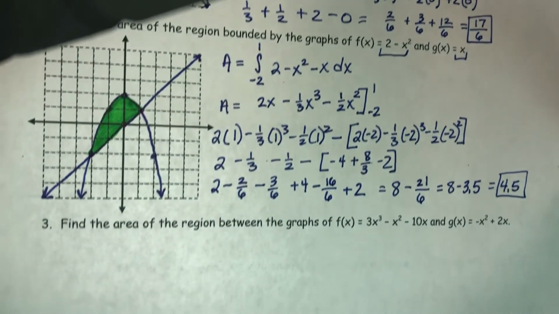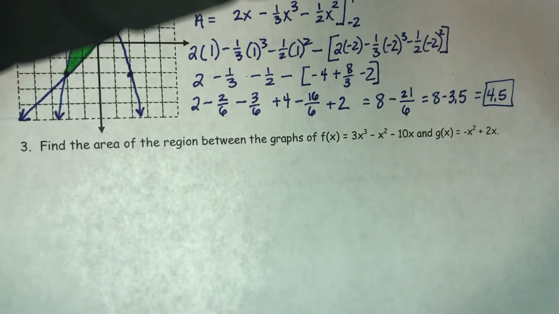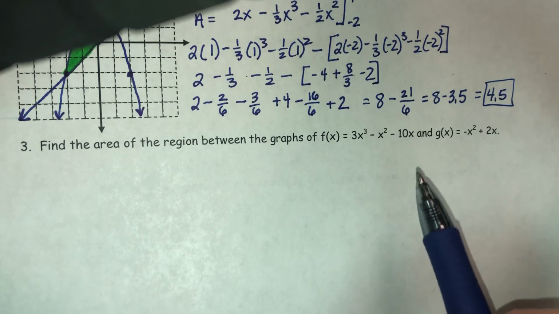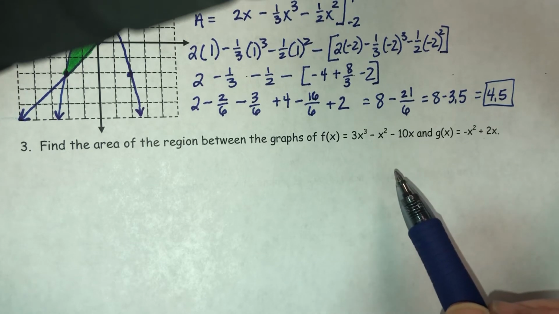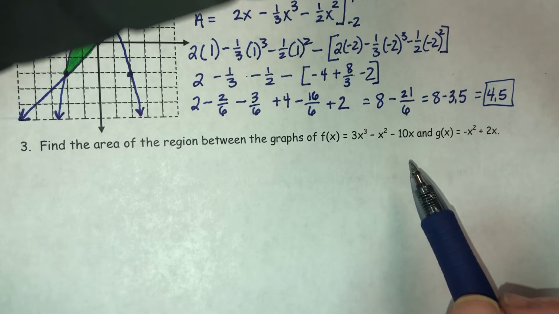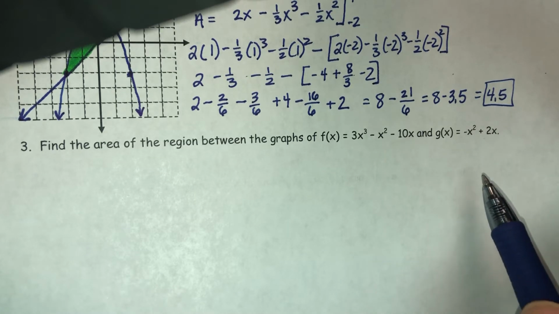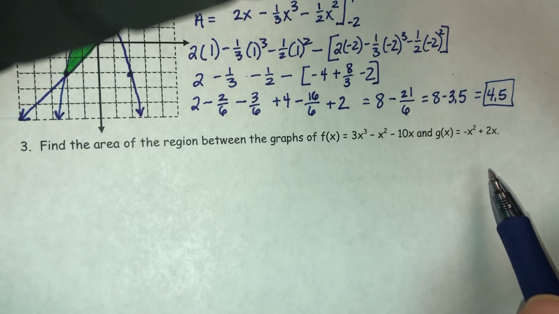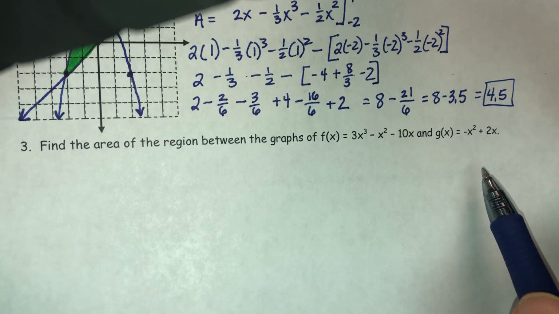Pretty cool. All right, this next one is going to be a bit of a doozy, but we can do it. It says find the area of the region between the graphs of f of x equals 3x cubed minus x squared minus 10x and g of x equals negative x squared plus 2x.